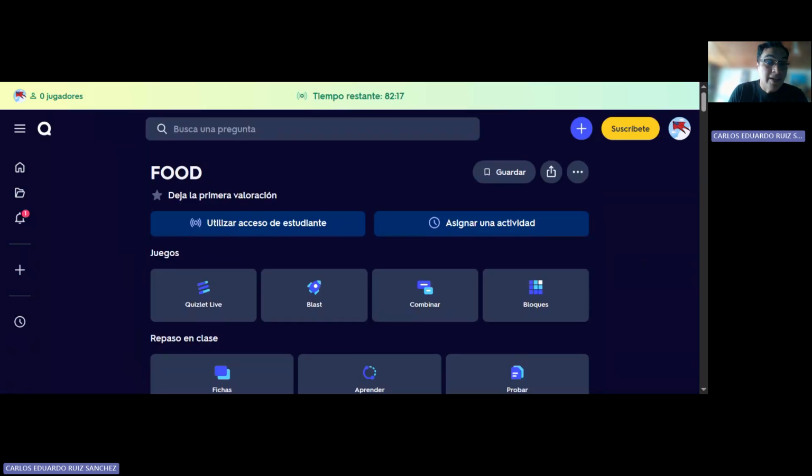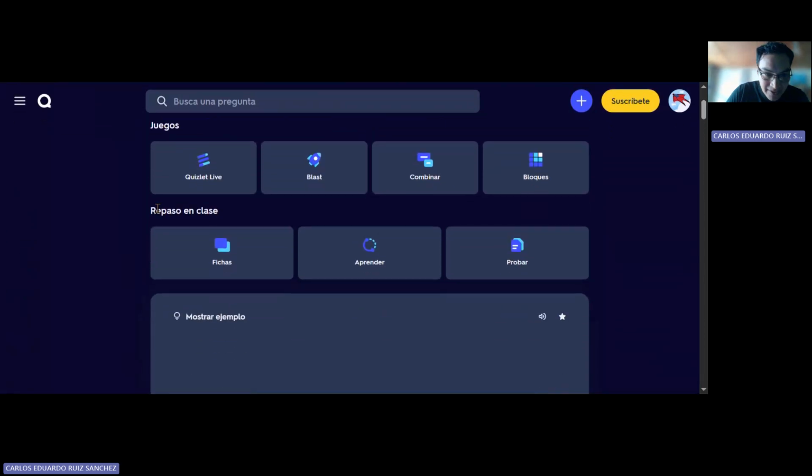Please, when you get into the tool, let's see in here when we watch review of class. Here, in Spanish, repaso en clase. Van a entrar donde dice repaso en clase. Yes, you can play the games, no problem with that, but let's review this vocabulary with this element, review in class.